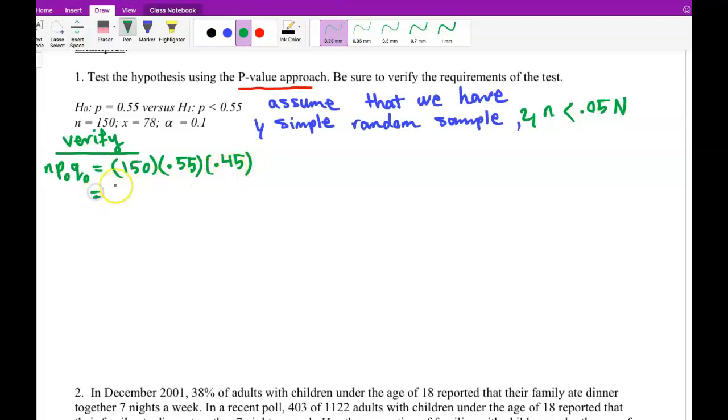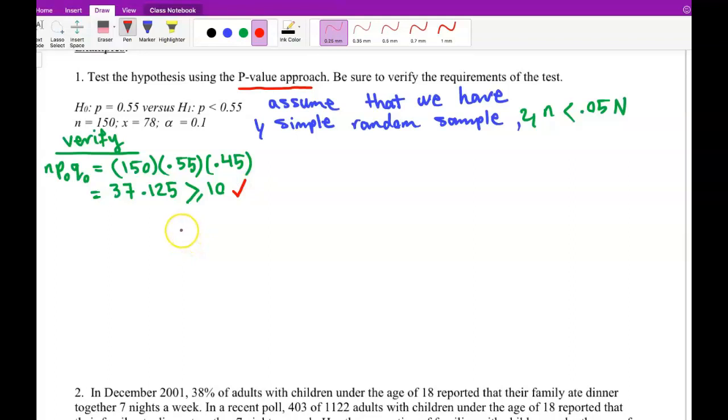That is equal to 37.125, and this is greater than or equal to 10. What that means is this is correct.